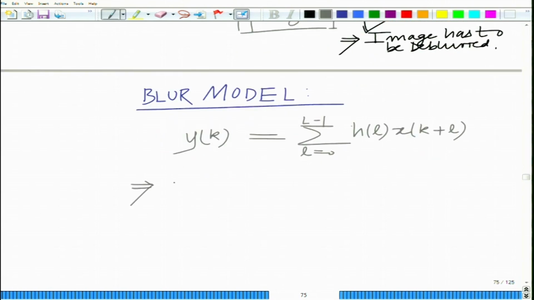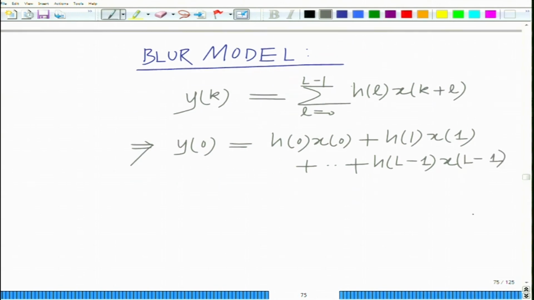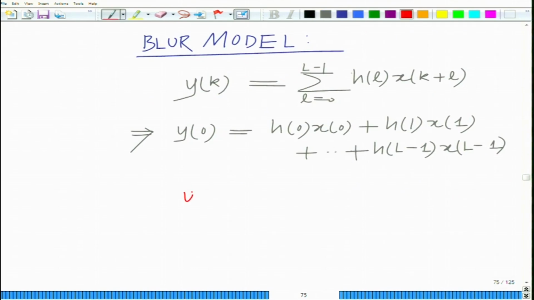For instance, we have y of 0 equals h of 0 x of 0 plus h of 1 x of 1 plus, up to, h of L minus 1 x of L minus 1.